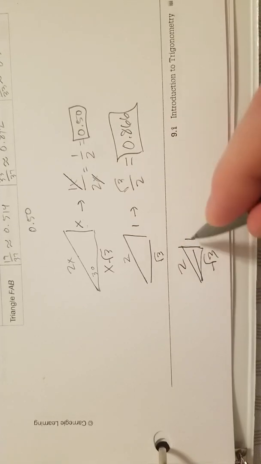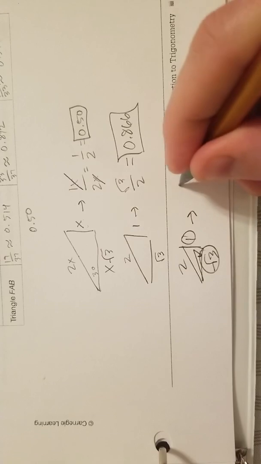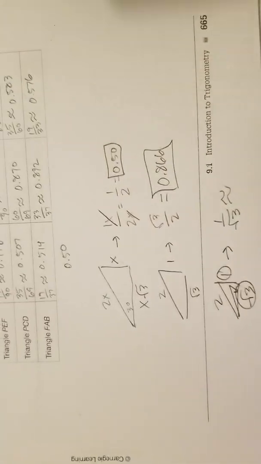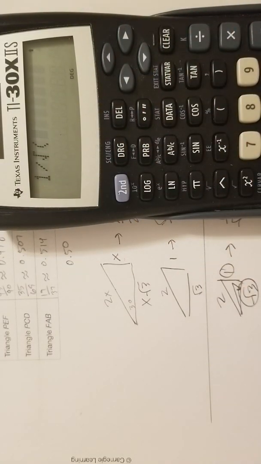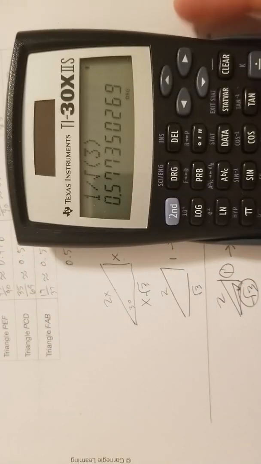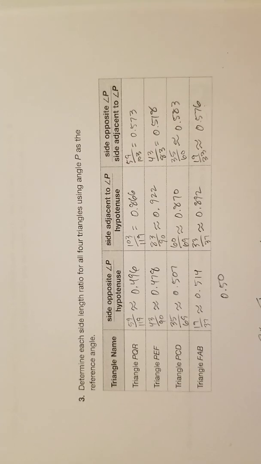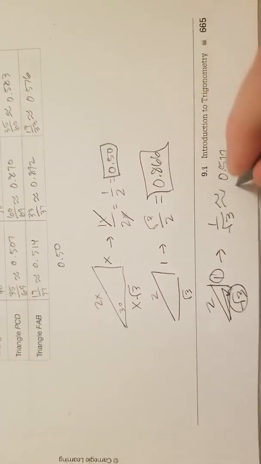I want opposite divided by adjacent. So that's going to be 1 over rad 3. And what is 1 over rad 3? 1 divided by the square root of 3. I should be getting, oh, look at that, 0.577. That is almost exactly what I got right here. So I should be getting numbers that are close to 0.577.